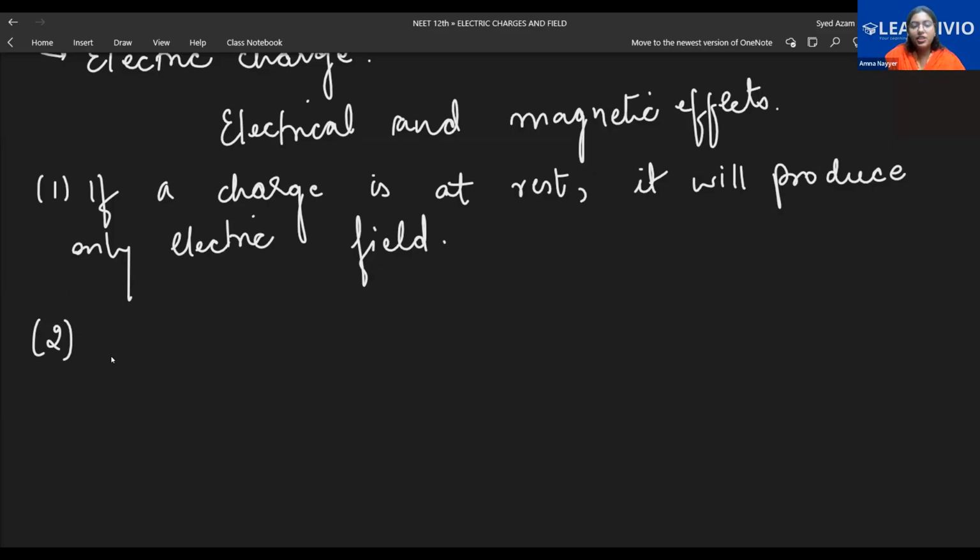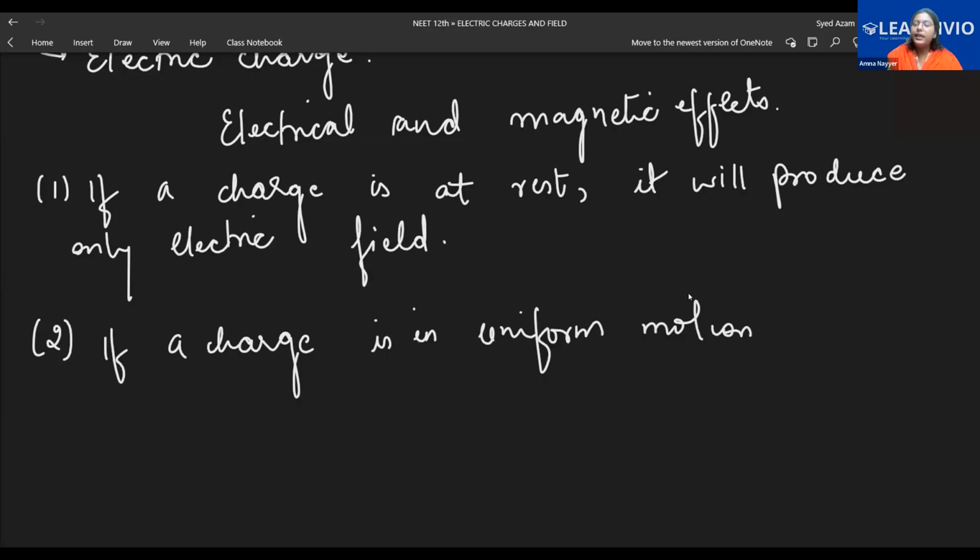So if a charge is in uniform motion, then it will produce both electric field and magnetic field. B is the symbol for magnetic field.